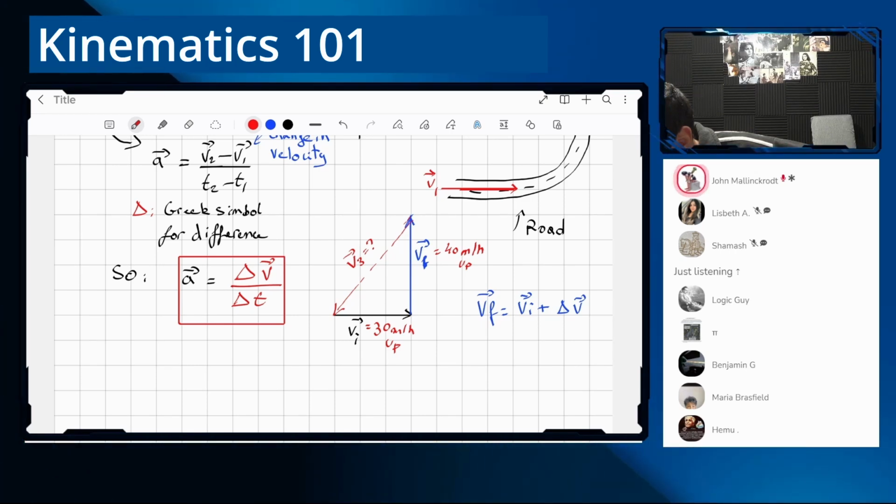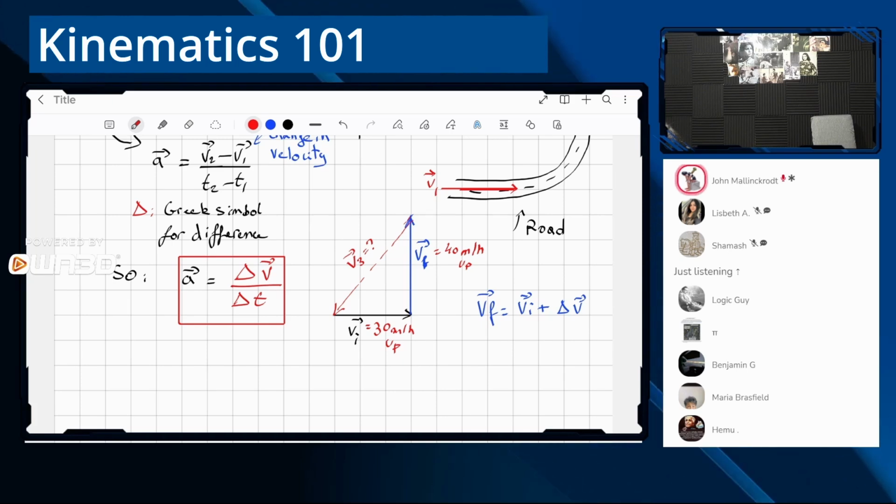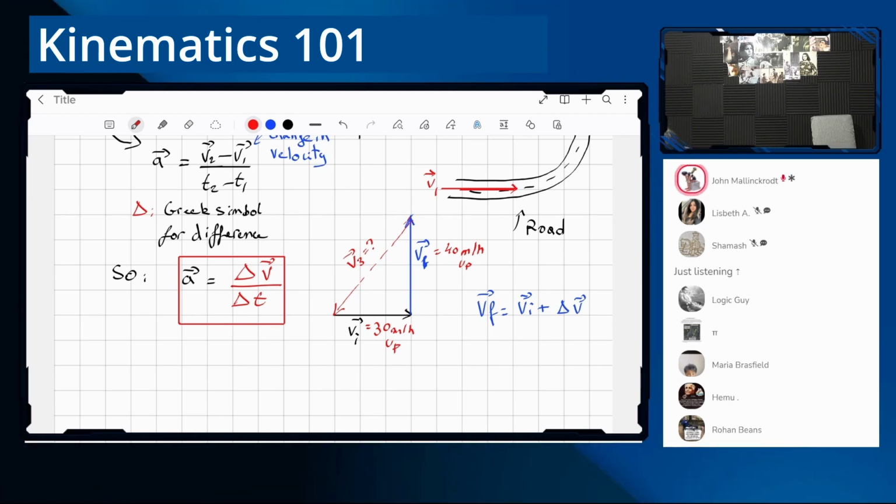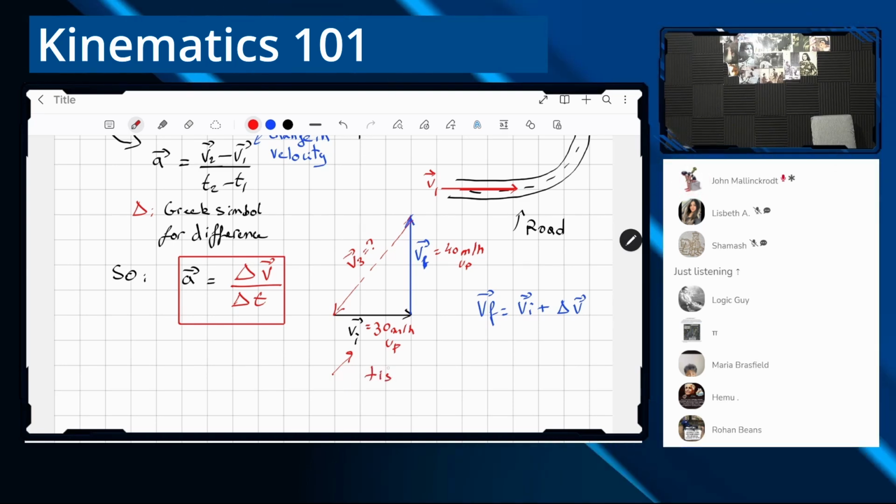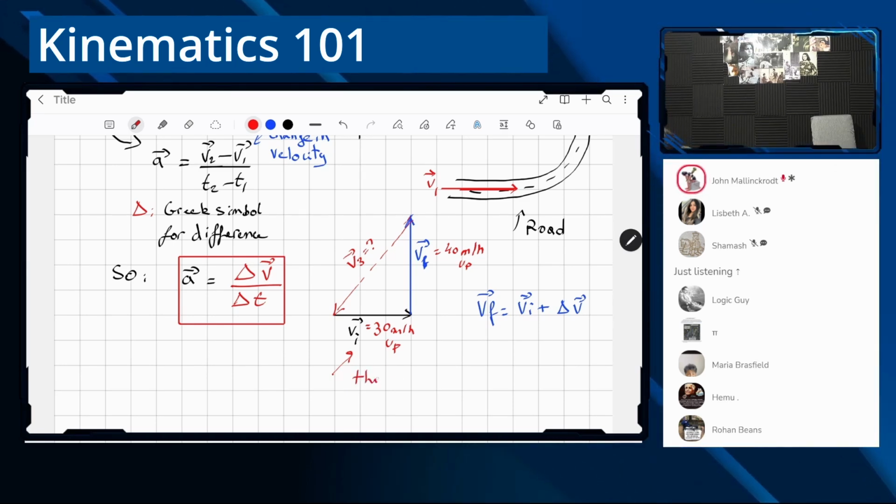So what I actually want is to add a vector to v initial such that I end up at a place that gives me v final. V final should be the vector that I get from my initial starting point, the tail of v initial, to the tip of the end. If I add v initial to delta v, I should get v final.